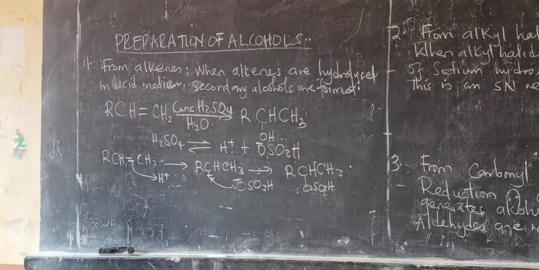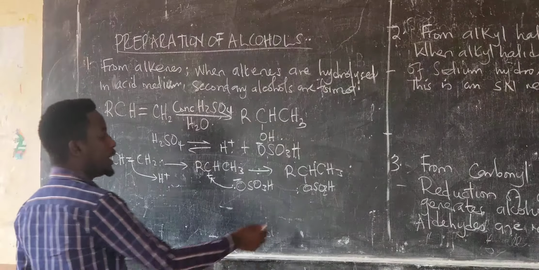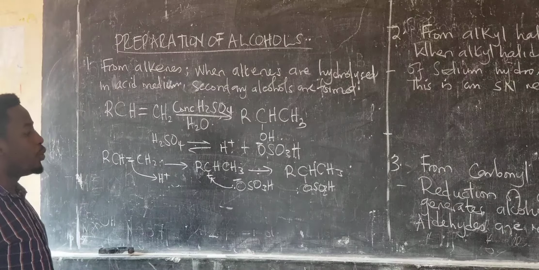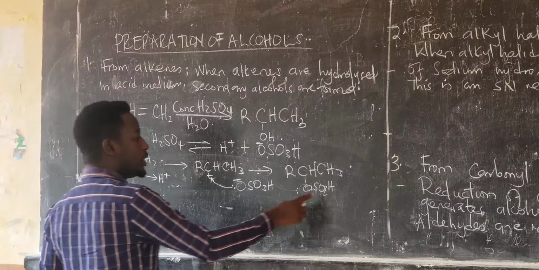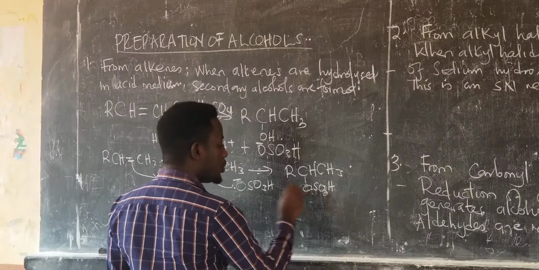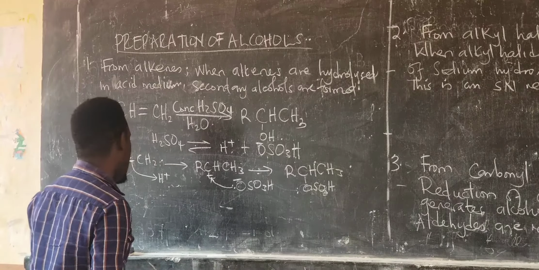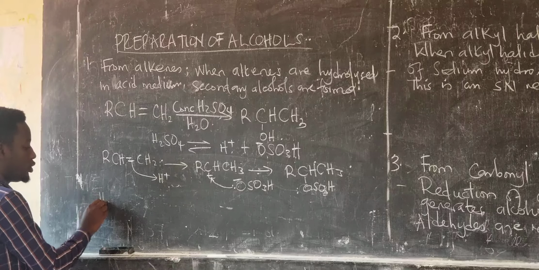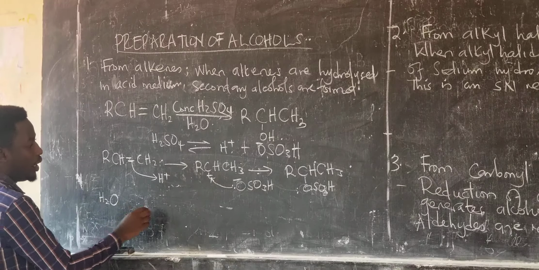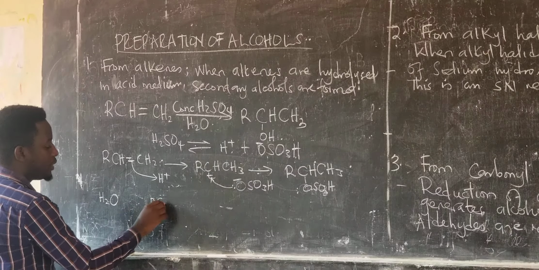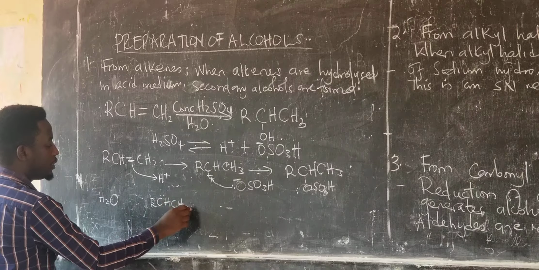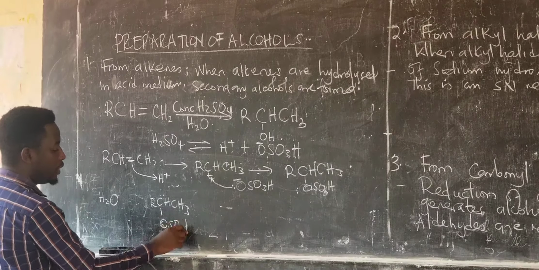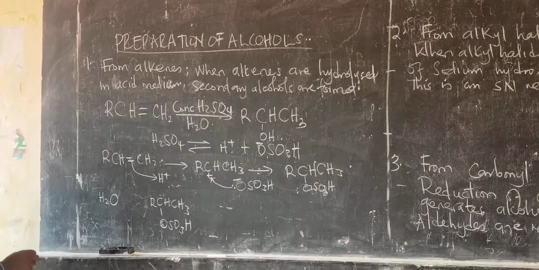So this hydrogen sulfate branch can be substituted by the water molecule. So you have your H2O, and then you have RCH, CH3, then O, SO3H.